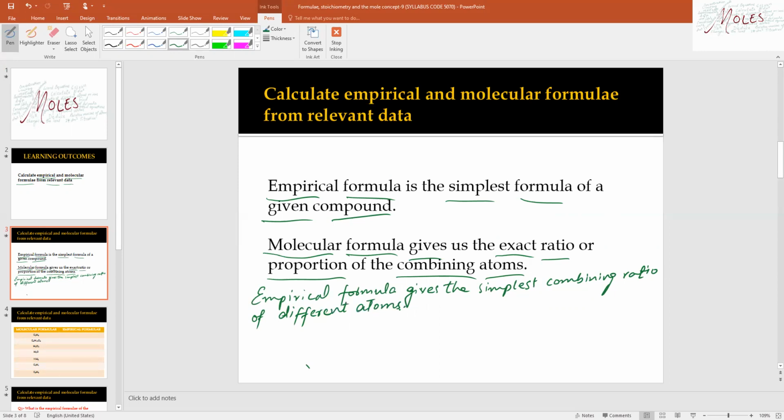On the other hand, molecular formula is the exact formula which gives the exact combining ratio of different atoms.